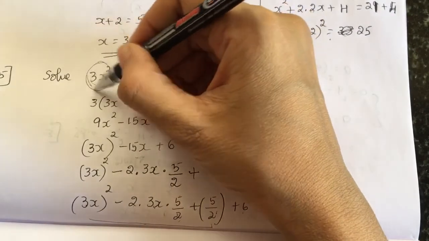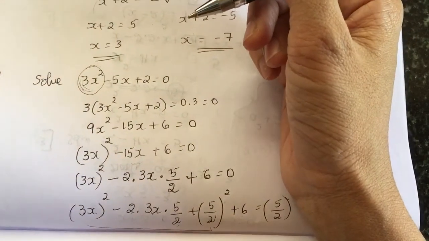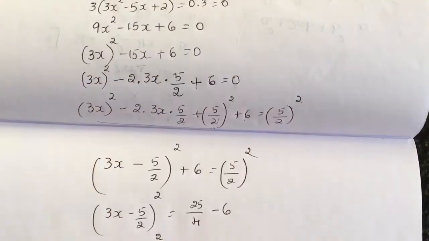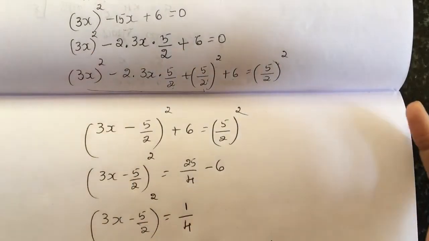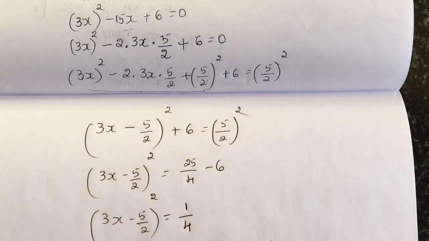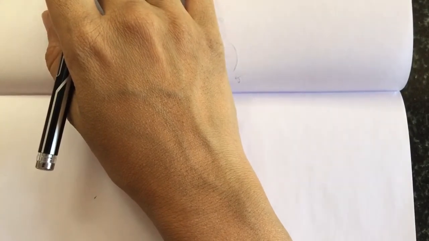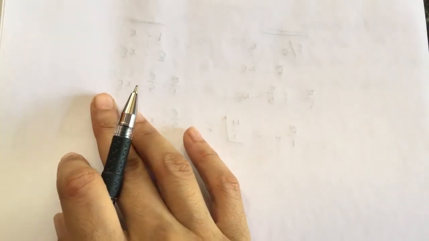Here the coefficient a is not a perfect square. If you find this one quite difficult, then I'll explain this with another way of writing, another way of solving. We are just looking at the coefficient, and depending on that we are following.